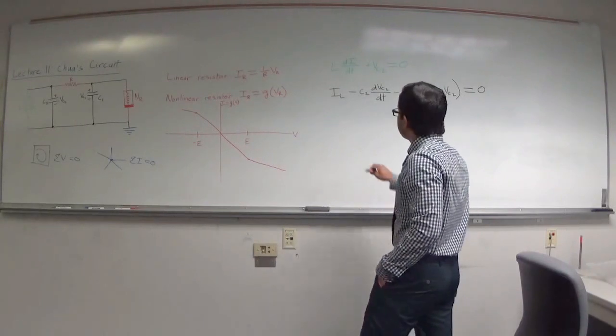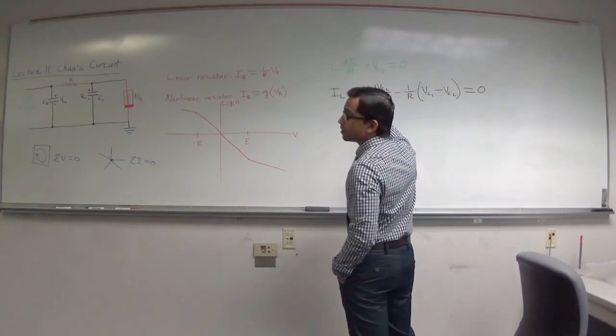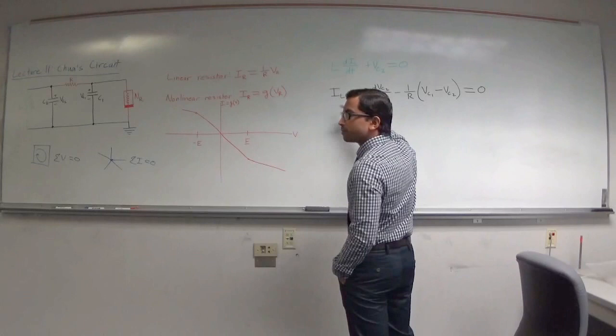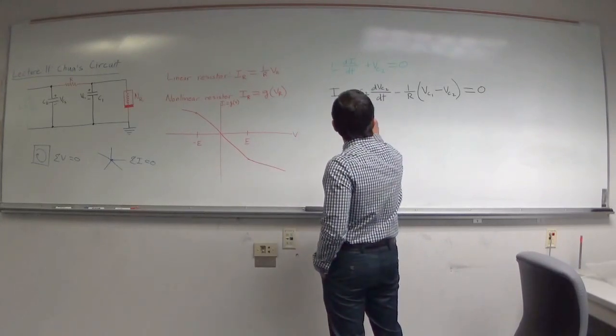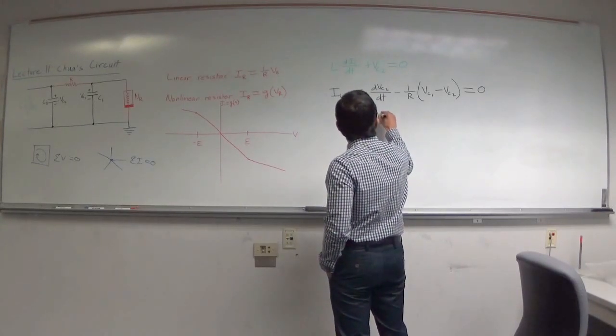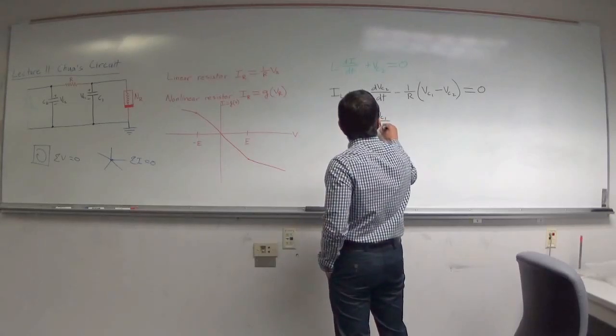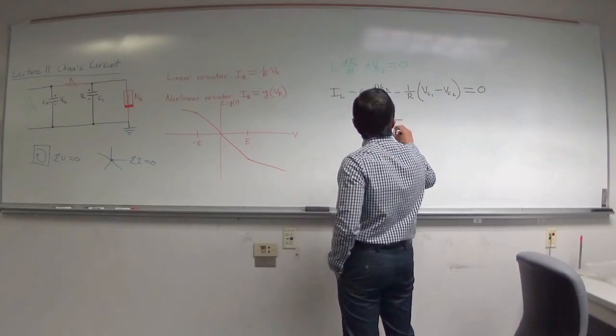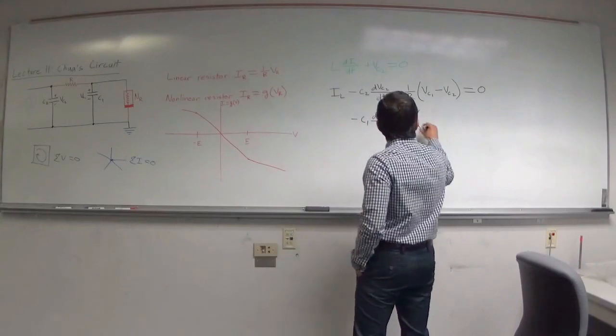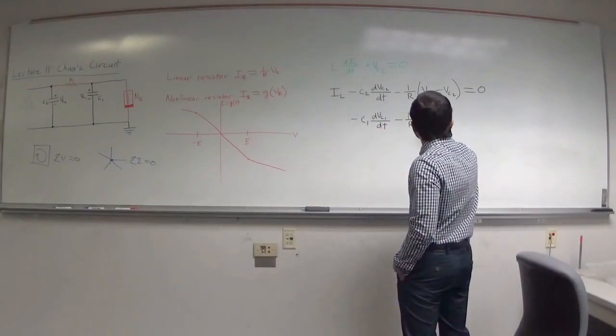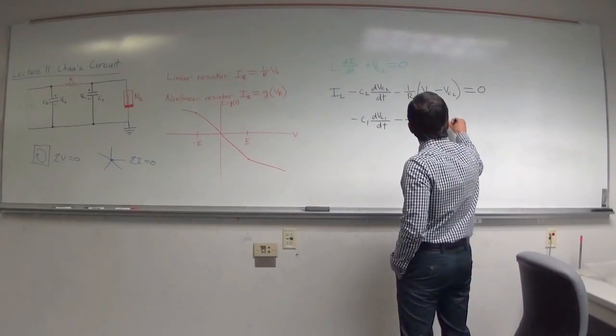So we get that. So we should get the same sort of stuff for this, right? So we don't have this anymore, but we still have a current for the capacitor. So that's going to be minus C1 dVC1/dt minus 1/R. But now this is the other way around, right? So this is going to be VC2 minus VC1.